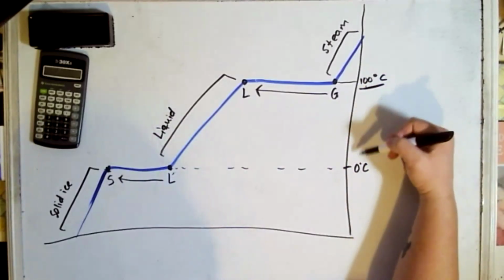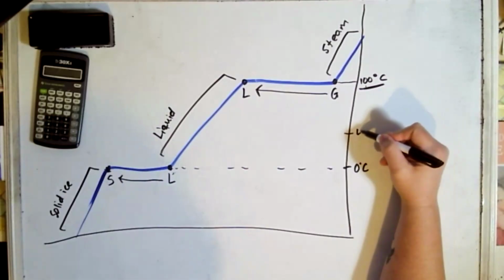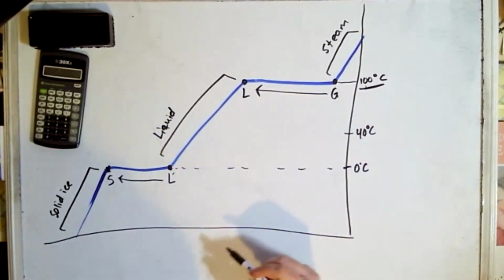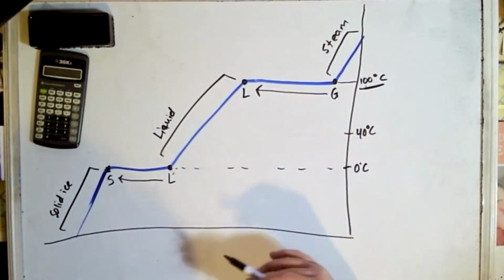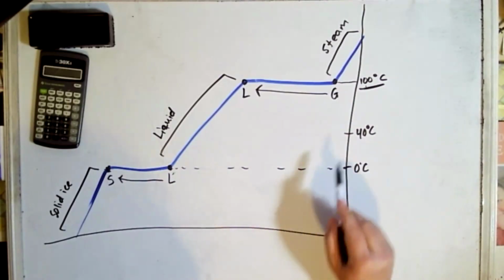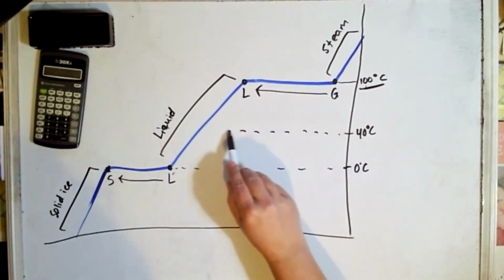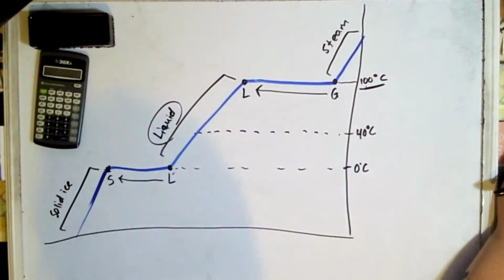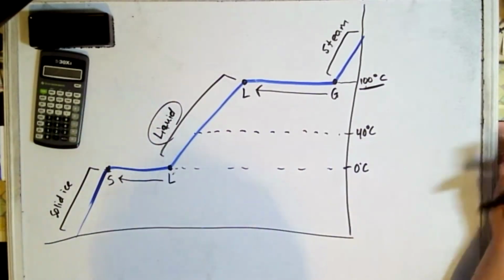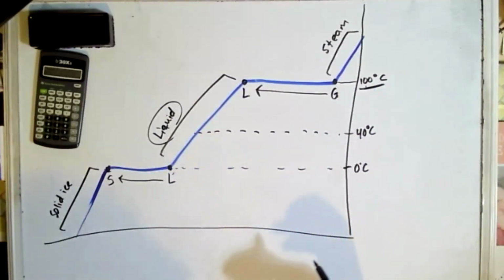40 degrees Celsius is going to be somewhere between these, right? So let's say that this is 40 degrees Celsius. The third question says, at 40 degrees Celsius, water is, and it wants to know the physical state. So at 40 degrees Celsius, our water is going to be liquid. And the final question on that learning check says, when water freezes, heat is, and they want to know if it's added or removed.